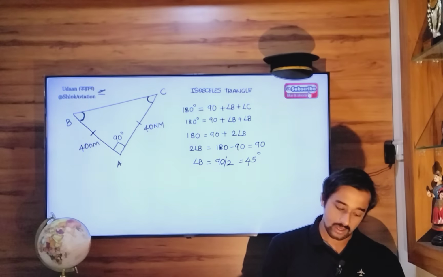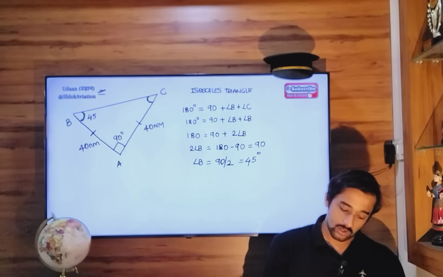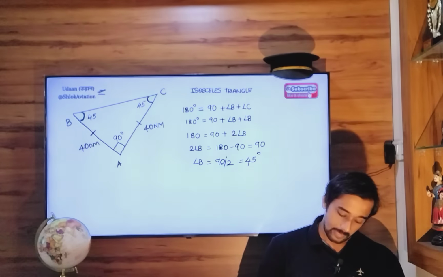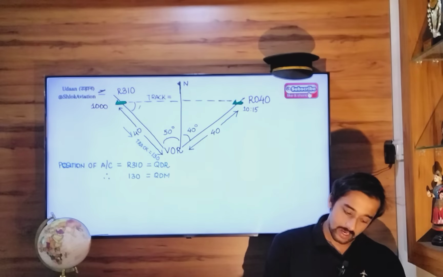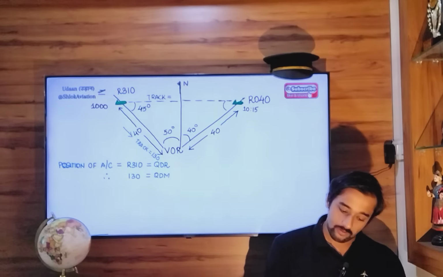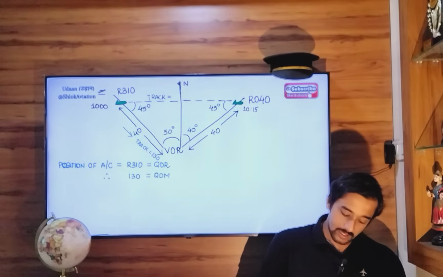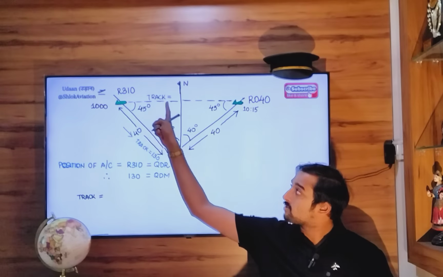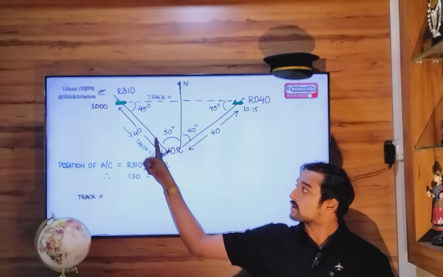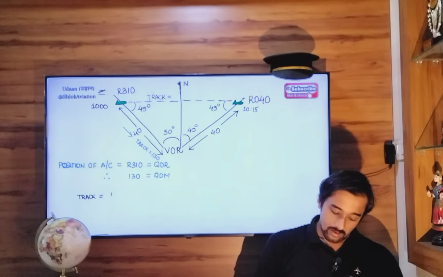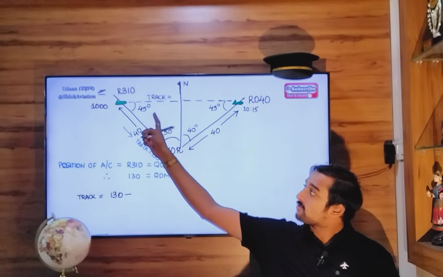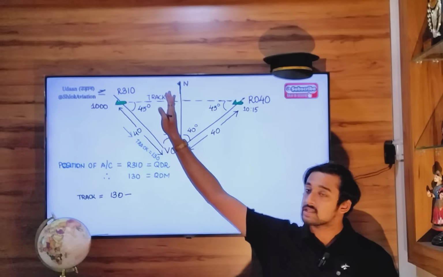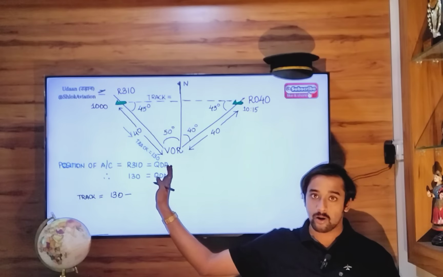45. So this is 45. This is also 45. So this is 45 degrees. This is also 45. Now we can find out the track of the aircraft. The track of the aircraft will be equal to 130 minus 45, because this track is to the left-hand side of this inbound radial.